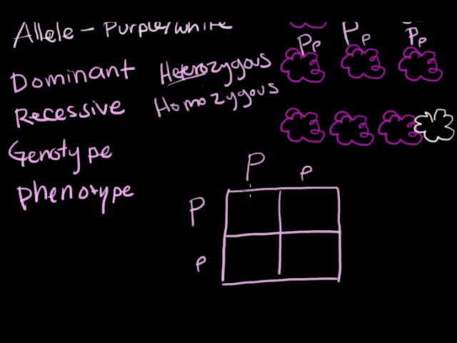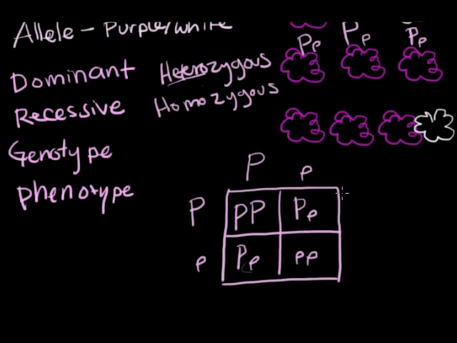So if we figure out all the possible combinations, you could have a homozygous dominant, you could have a heterozygous, another heterozygous, and a homozygous recessive. So this is where the 3-to-1 ratio comes from. The genotype isn't 3-to-1. Actually, it's a 1 out of 4 chance that the offspring is going to be homozygous dominant, and a 2 out of 4 chance that it's going to be heterozygous.